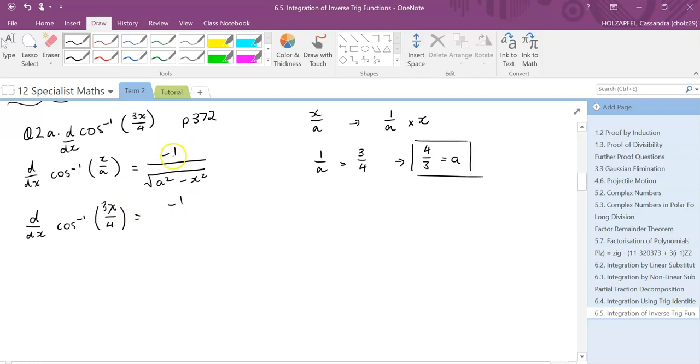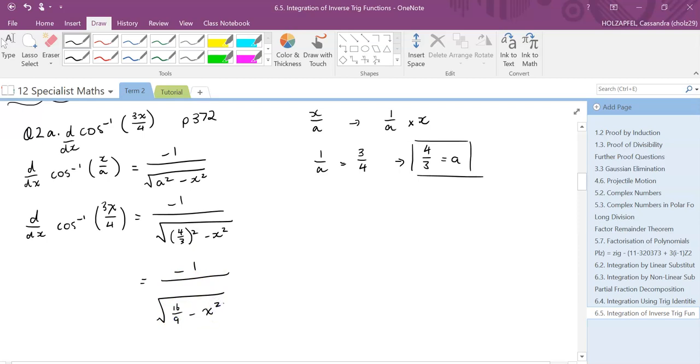See how this is different from sine, because sine is +1. Over the square root of 4/3 squared minus x squared. So that's going to be equal to -1 over the square root of 16 over 9 minus x squared.